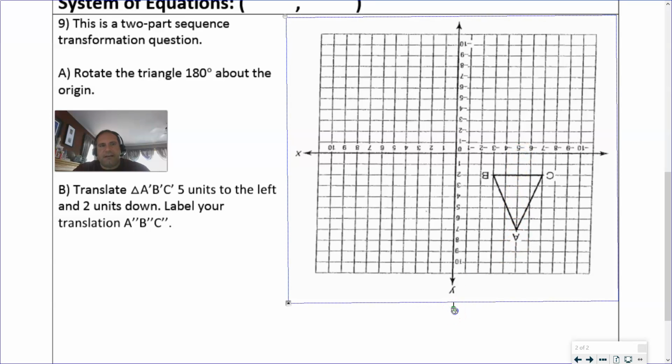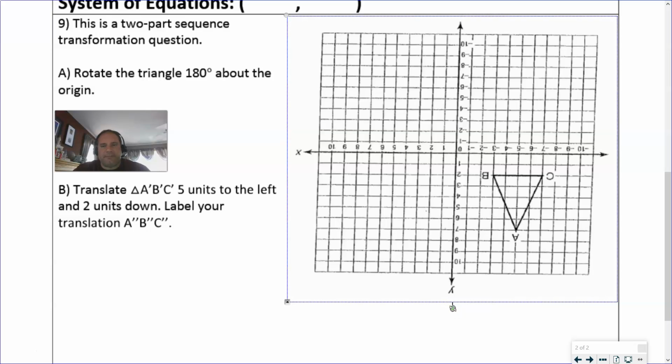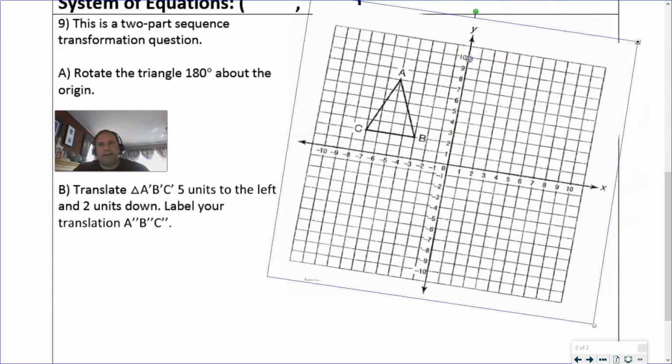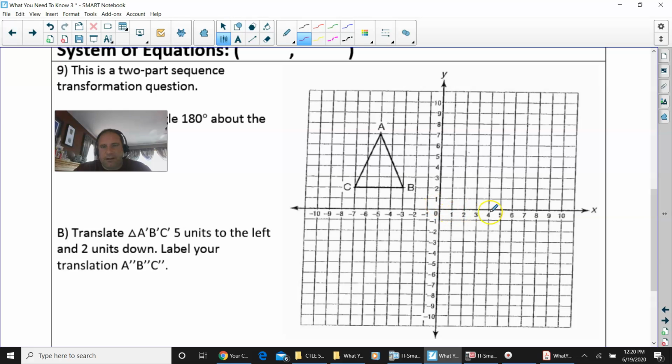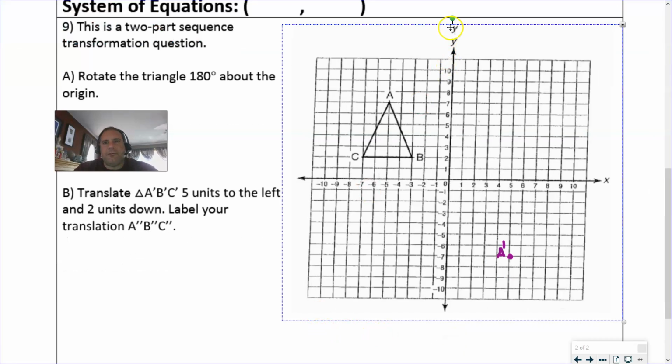So I'm going to go back and I am going to do 5 to the right and 7 down. And there's my A prime. Let me put A prime.